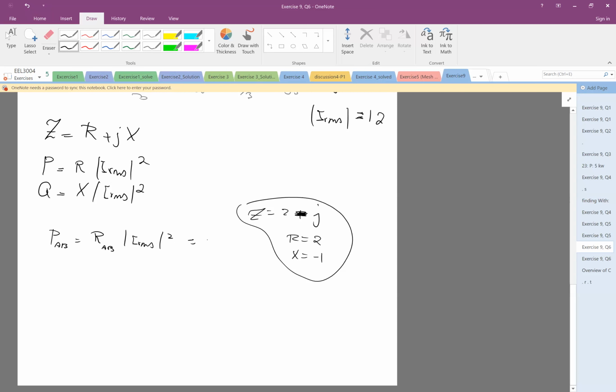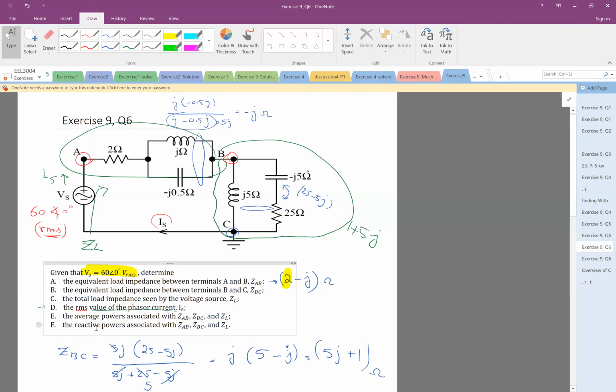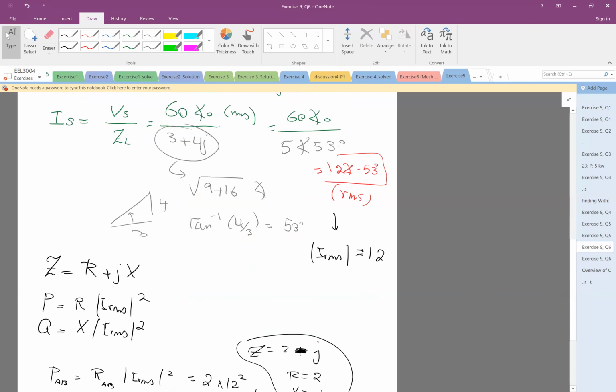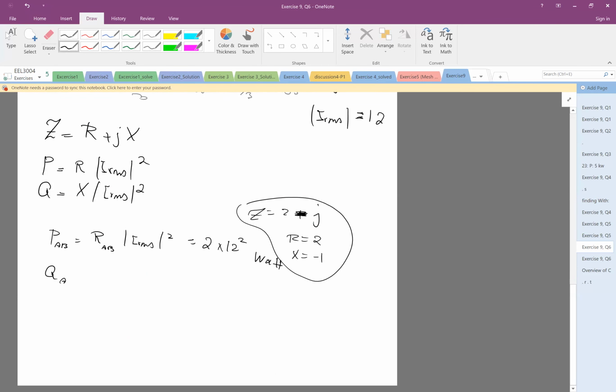So P is 2 times the RMS magnitude squared, 12 squared. Now Q, the next part says also the reactive power. If I want to find Q for AB, it would be X times I RMS squared. In this case, X is -1 times 12 squared.